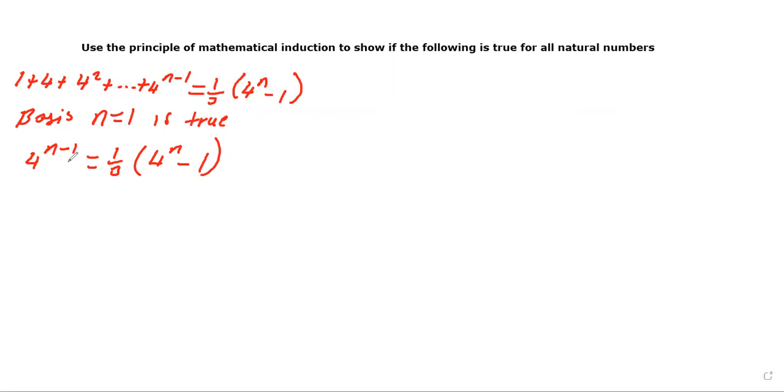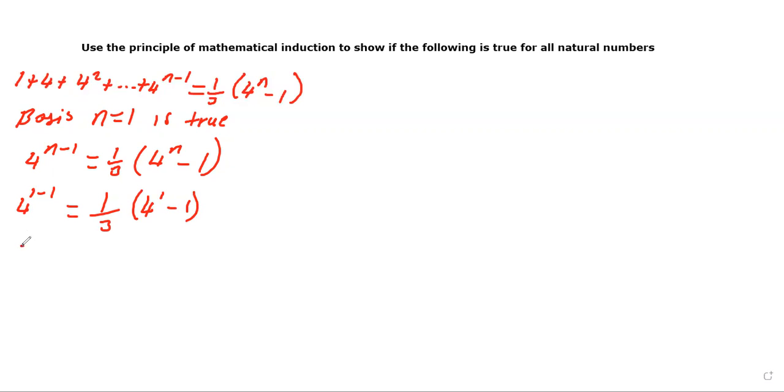What we're going to do at this stage is substitute 1 for n. Wherever we see n, we're going to put 1. So this is going to be 4 to the 1 minus 1 equal to 1 over 3 into 4 to the 1 minus 1.